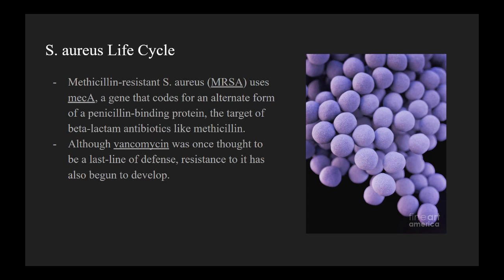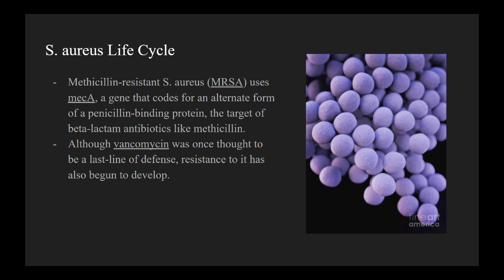Those are supposed to be the targets of antibiotics like methicillin. But now, since this mecA gene is making a different PBP, methicillin can't recognize and bind to that PBP to inhibit cell wall synthesis. So essentially, it can keep making its cell wall and function as normal.